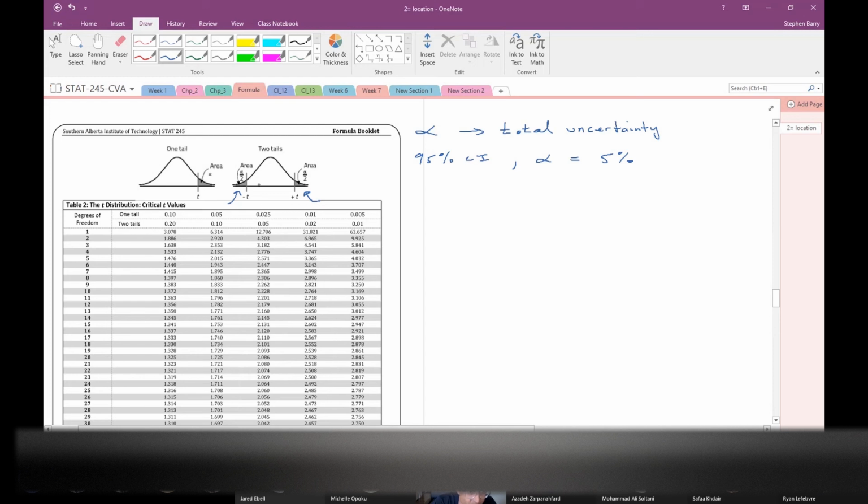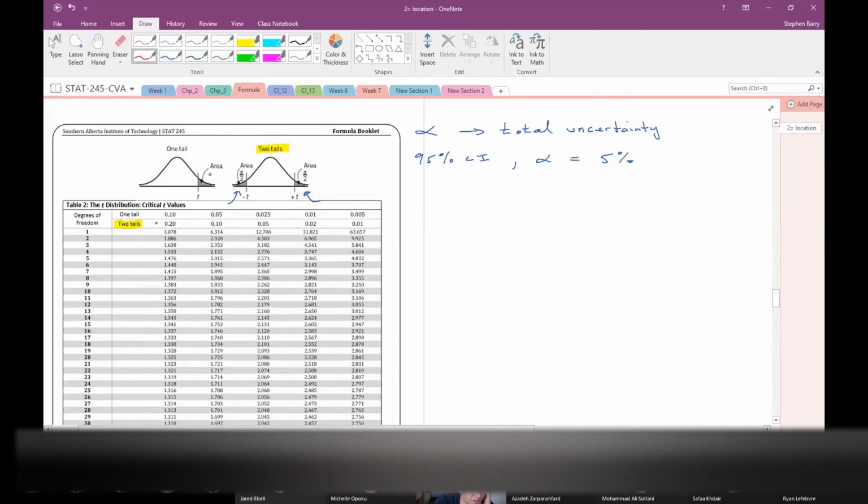But this is the important part, listen here: this is a confusing diagram because you're still going to use the alpha value. For confidence intervals, these are what are called two tails because the uncertainty is divided in half. But when you look at the chart, it's confusing because this is still the alpha value.